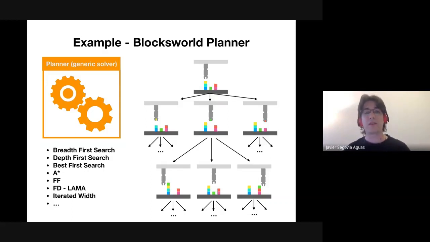So if you see, something like this is a tree search, and there are many algorithms that can explore this tree search.